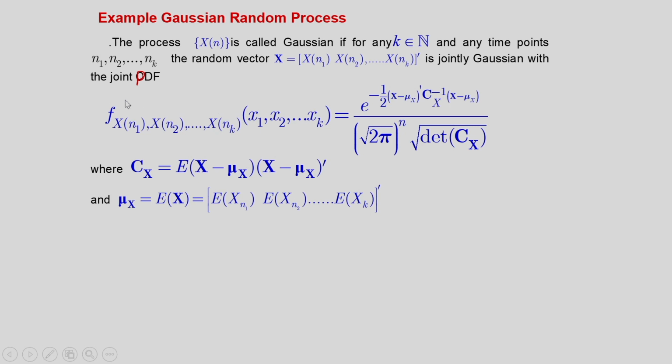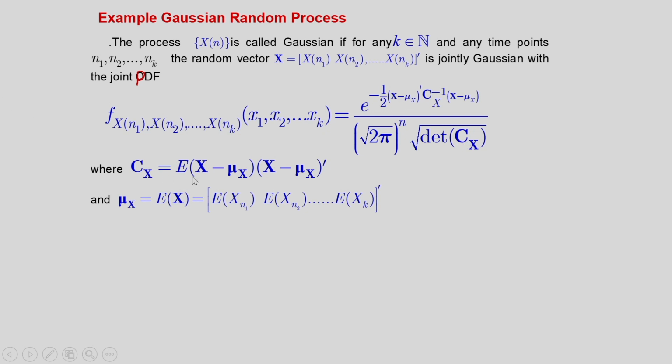We have already discussed this PDF. So, the PDF is the Gaussian PDF and given by e to the power minus half x minus mu x transpose into Cx inverse of the covariance matrix into x minus mu x, and divided by this normalizing factor, root over 2 pi to the power n times square root of determinant of Cx.